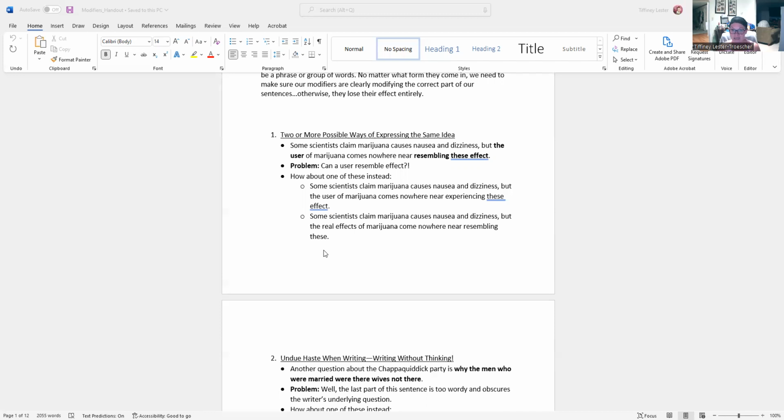Some scientists claim marijuana causes nausea and dizziness, but the user of marijuana comes nowhere near resembling these effects. But the problem is, can a user resemble an effect? Not really. I don't resemble an effect.